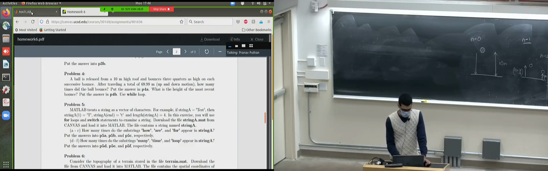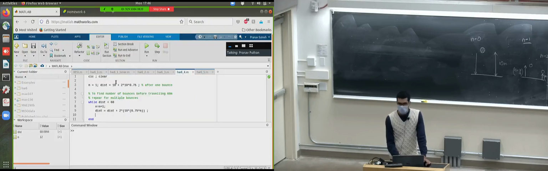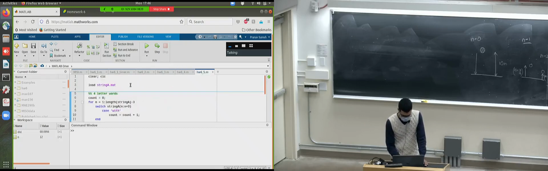It's going to tell you how many times a word has been repeated in your text. So in this case, you have a string. So that's a string a.mat. Recall that a string is essentially a collection of characters, right? So the first thing that you need to do is to load the string.